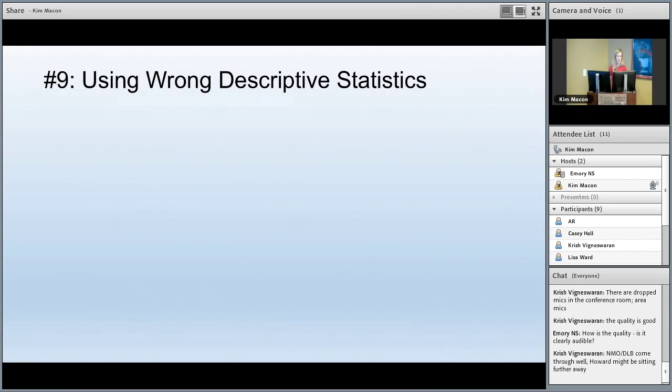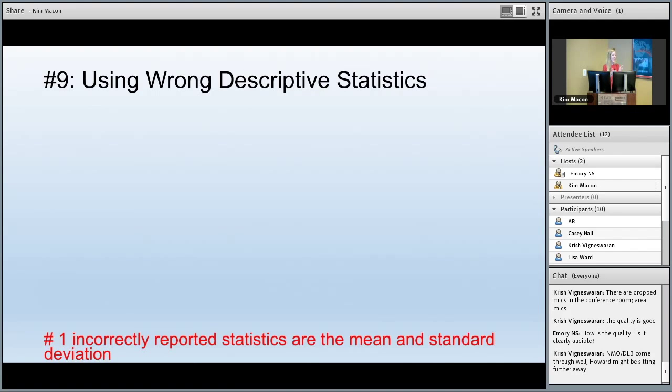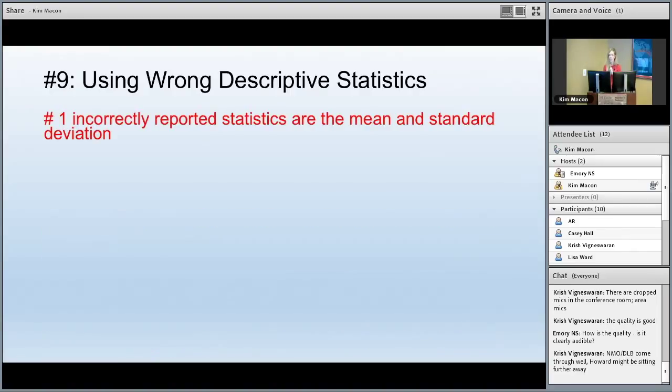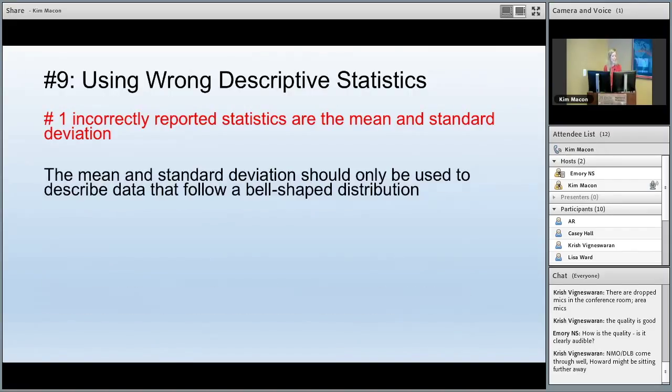Which brings me to my next point, which is using the wrong descriptive statistics. So what do you think are the most common descriptive statistics out there? Yes, a t-test is a test, but really the mean and the standard deviation, right? And surprisingly, the mean and the standard deviation are the number one and number two most incorrectly reported statistics. And why is that?